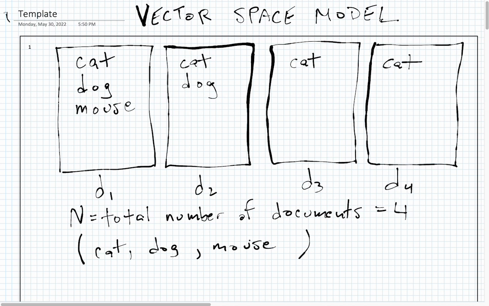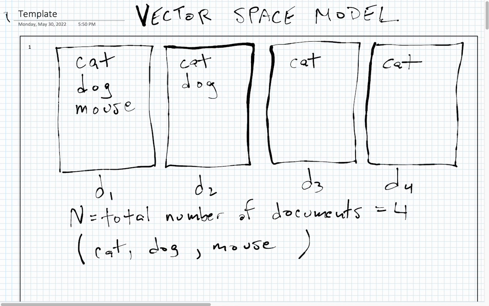And the thing to remember now is that when we are going to be creating vectors for each one of these documents here, the vectors, we can see right over here, there are a total of 3 words in here. So each one of the vectors for these 4 documents will be a vector of 3.